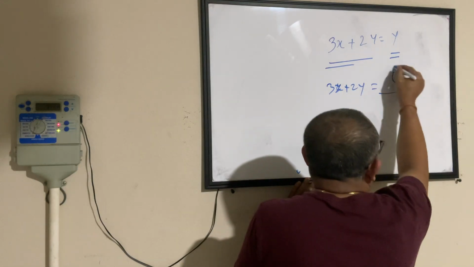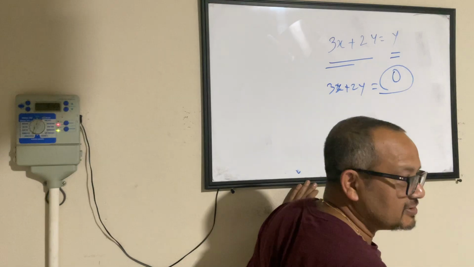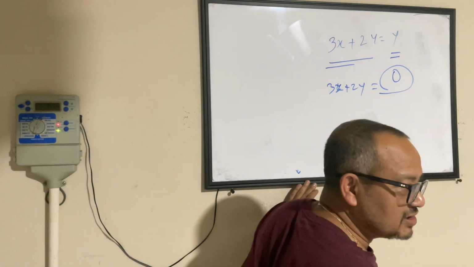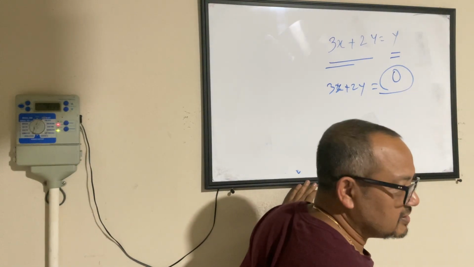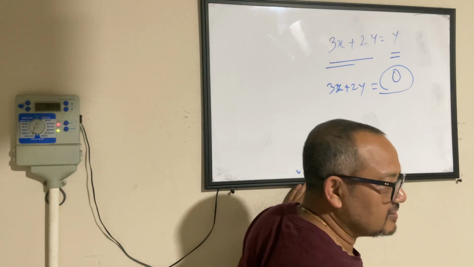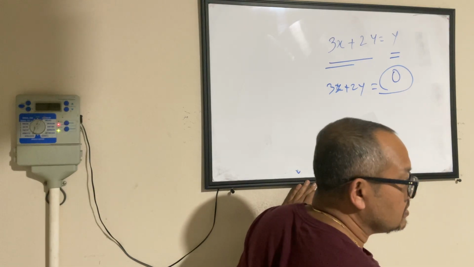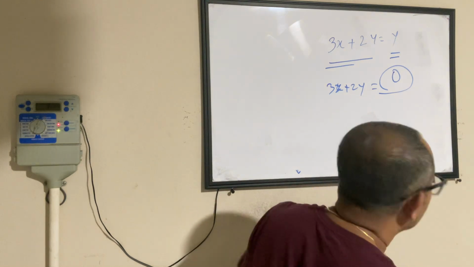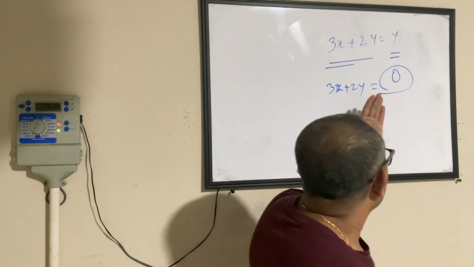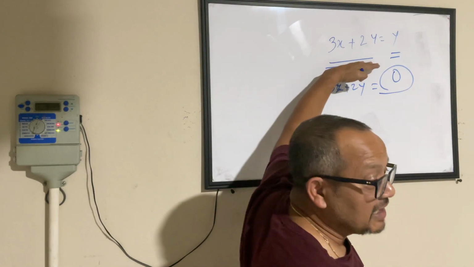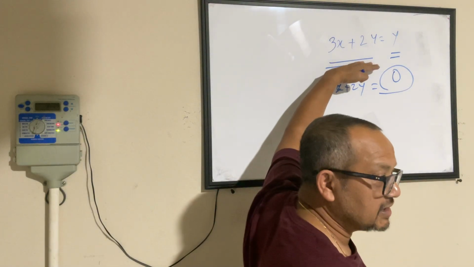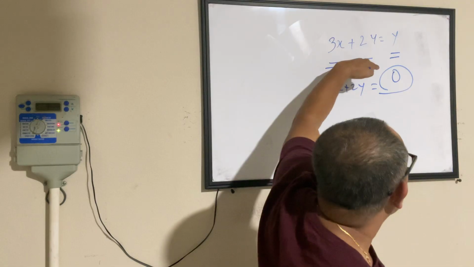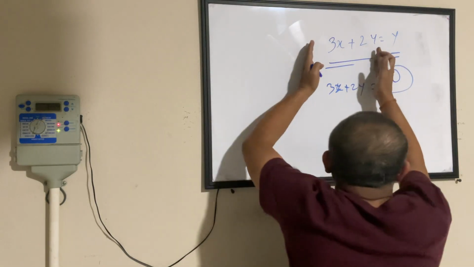When your polynomial gets a 0 value, meaning you're replacing y with a 0. See, this is my linear polynomial, linear equation. I am saying 0 value of a polynomial.